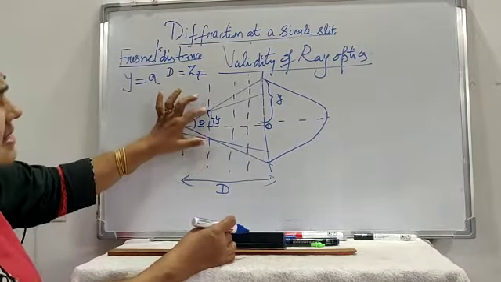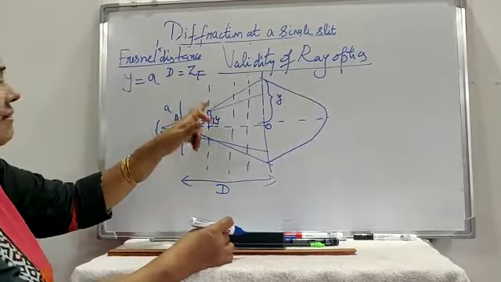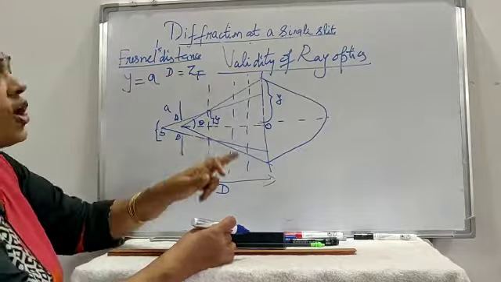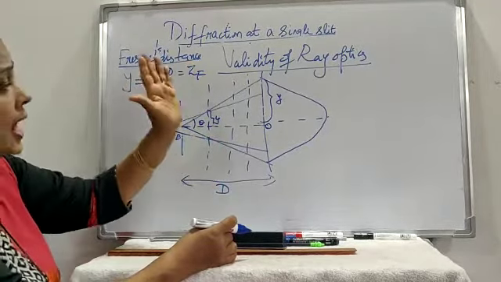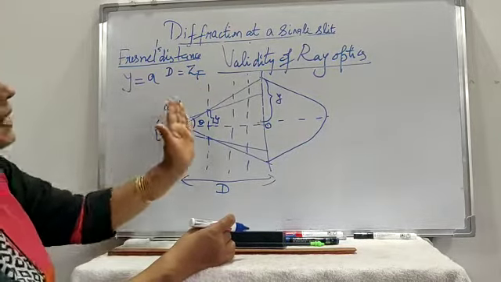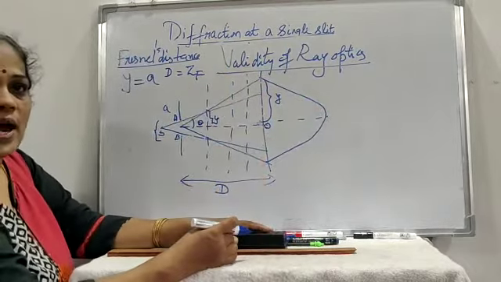At this distance, you don't get a diffraction pattern at all. So at this distance, y equals a, and we call it Fresnel's distance. Up to Fresnel's distance, ray optics is valid. Beyond Fresnel's distance, wave optics is valid.